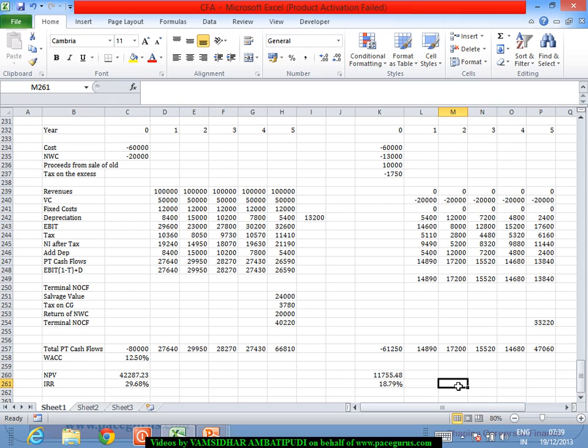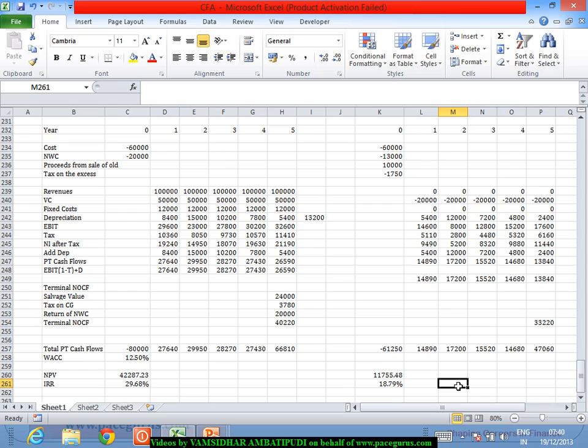if at all this project is treated as a replacement project, then my IRR is going to be 18.79. The incremental revenues and the incremental expenses that my project is going to generate, and the incremental cash flows that the project is going to generate will lead to an IRR of 18.79% and a net NPV of 11,000.